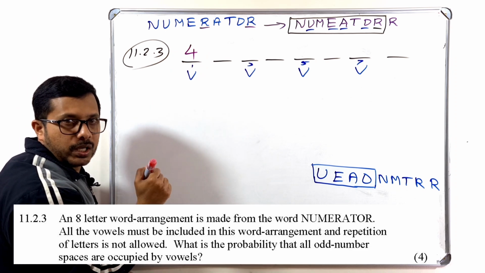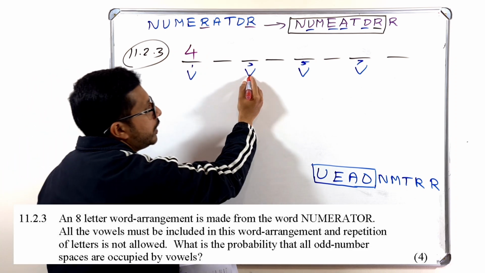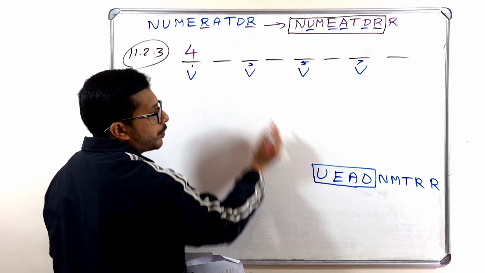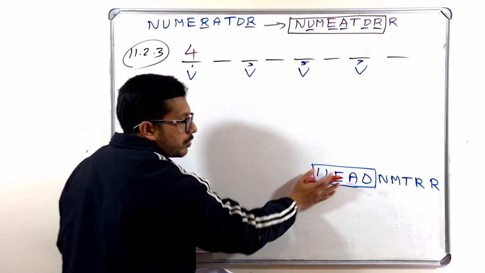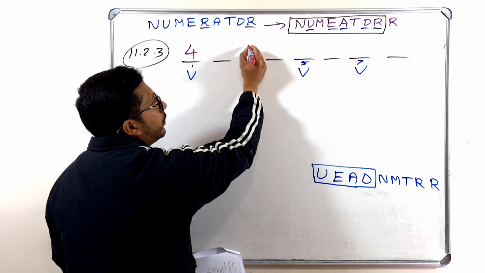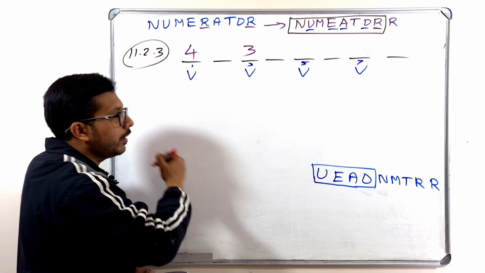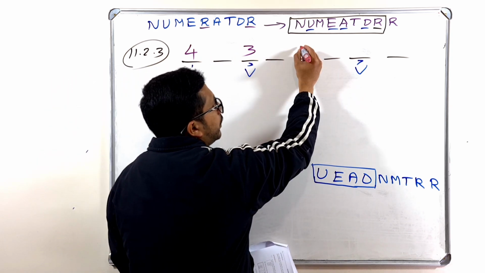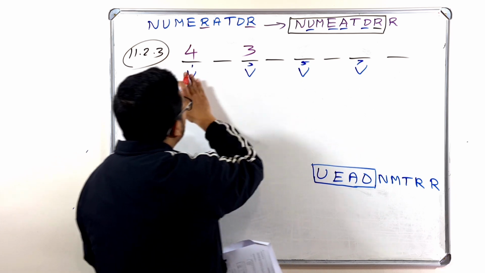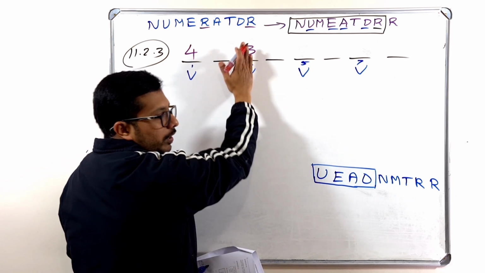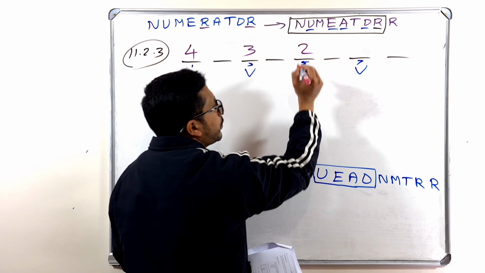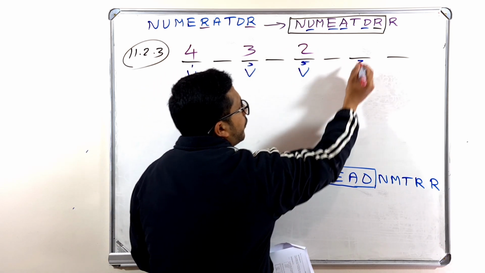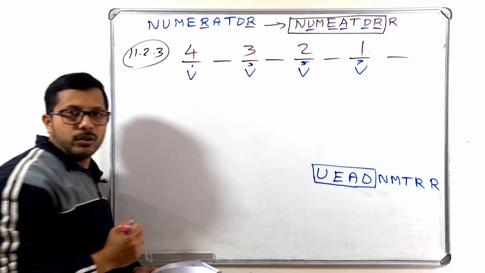Repetition is not allowed, so for the next position, assume that I took only 1 from these 4, so only 3 vowels remaining. For the next position, assume that 2 vowels are gone, so 2 remaining, which means 2 options. For this position, it's 1 option.